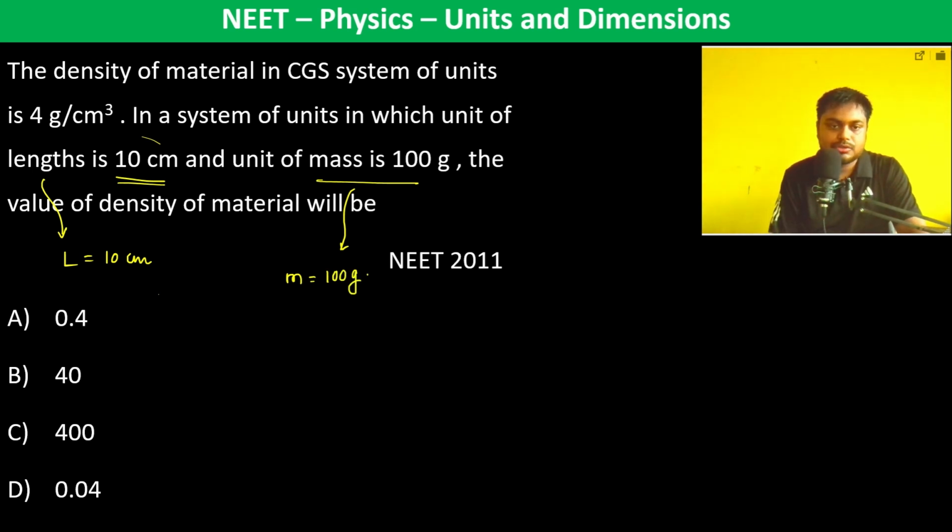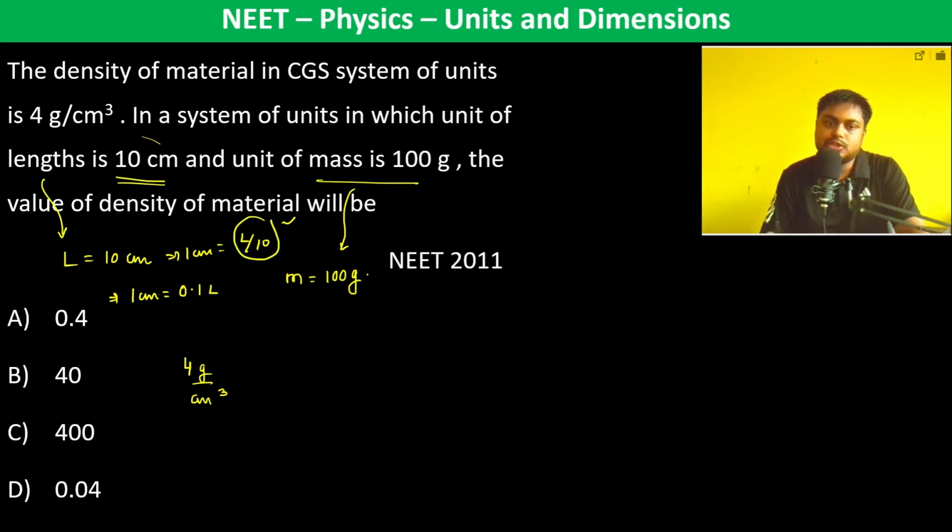Okay. So right now it is 4 gram per centimeter cube. So now we can write here 1 centimeter is equal to 0.1 L, because 1 centimeter becomes L by 10.